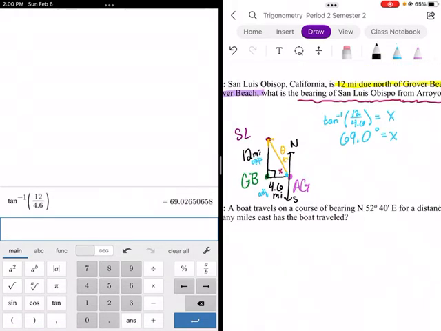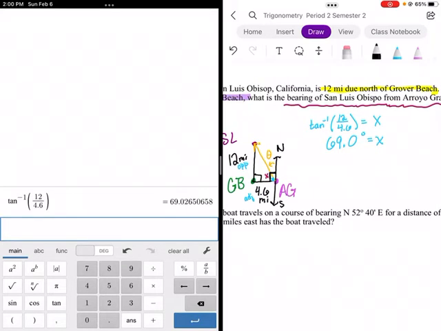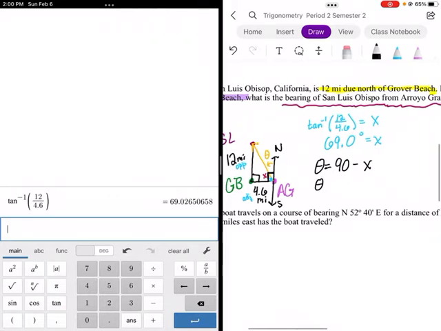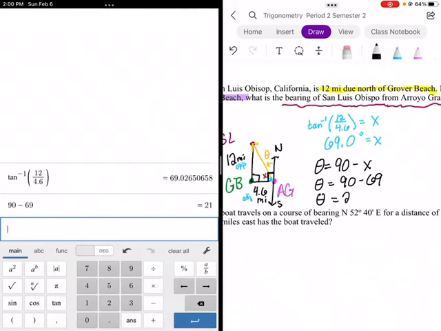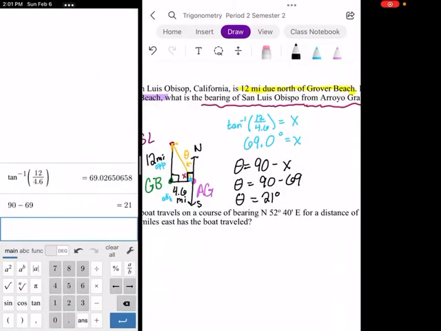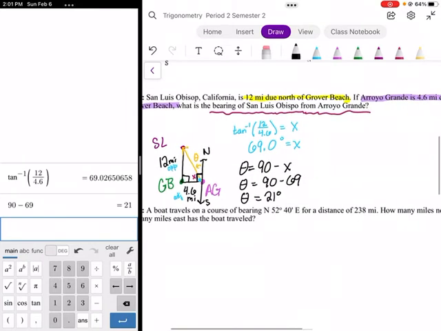And this is forming a right angle here again. So to figure out what theta is, we're going to take 90 minus x, or in this case, 90 minus 69 degrees, and that will give us 21 degrees. Now we're going to use that to write the bearing for our answer. Our bearing has to start with north or south.